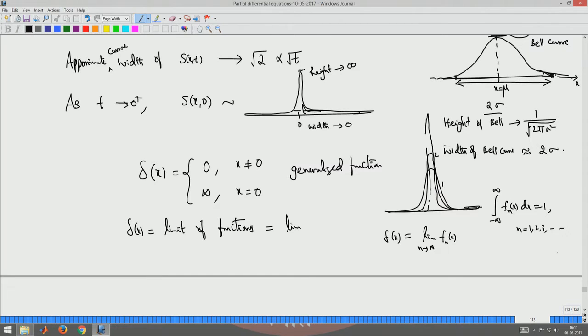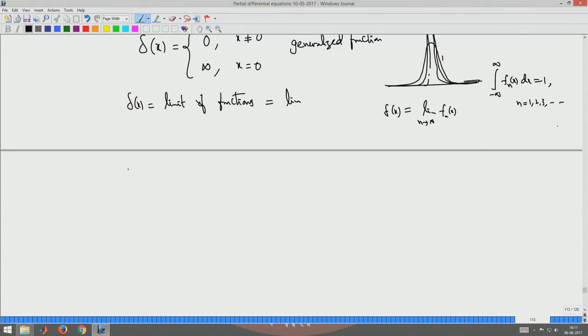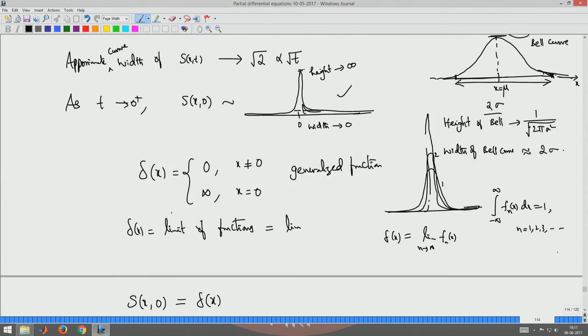So, you see that this is also behaving in the same fashion. S of x, 0 is actually my delta function. So, what is that delta function? S of x, 0, that is the delta function.